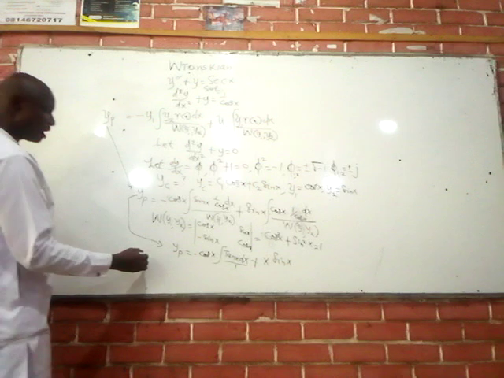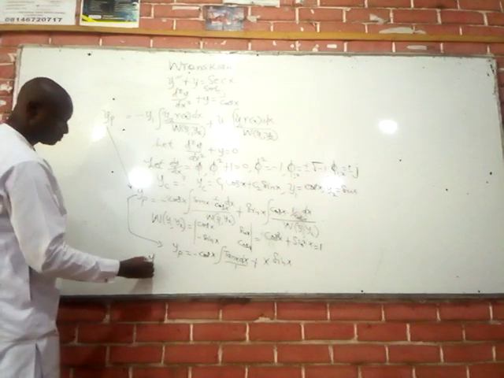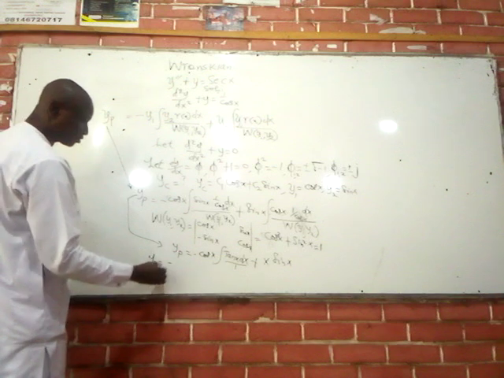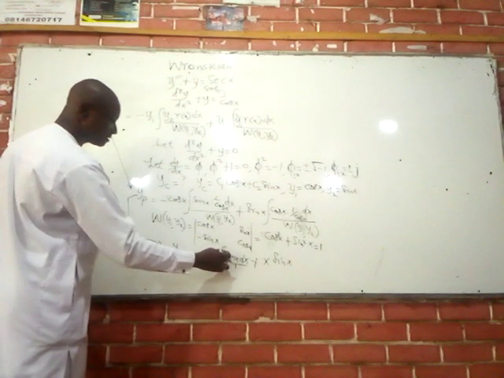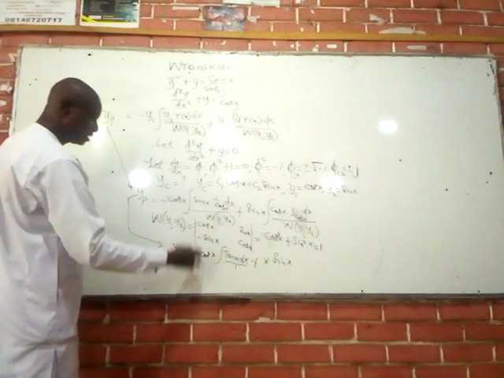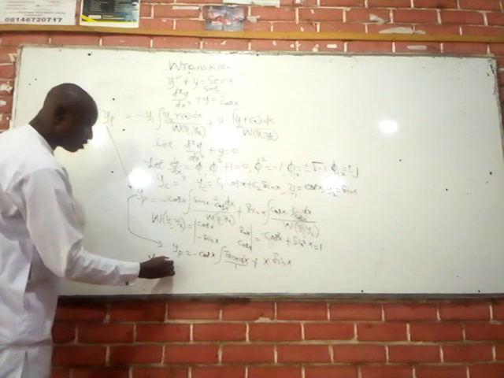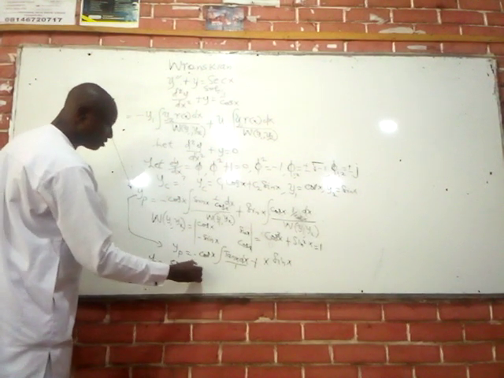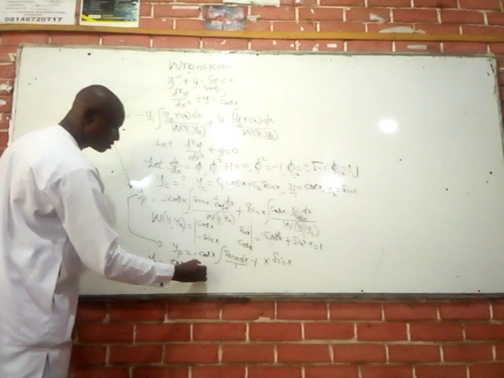Now, the y particular is going to give us minus cos x tan x. This will give you the same thing as cos x, absolute value of natural log ln cos x.